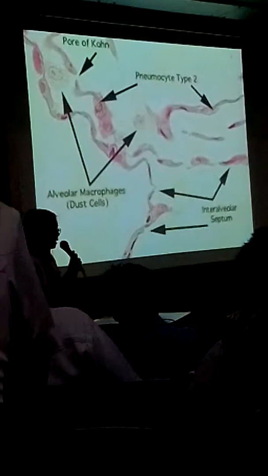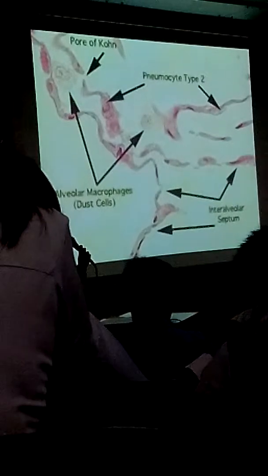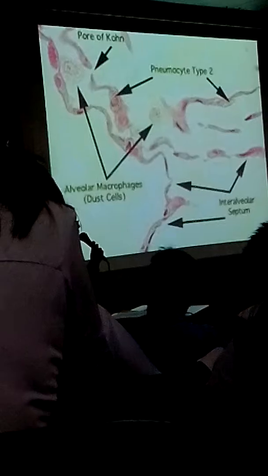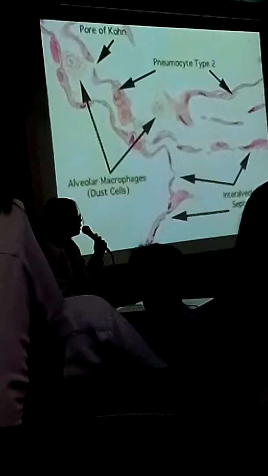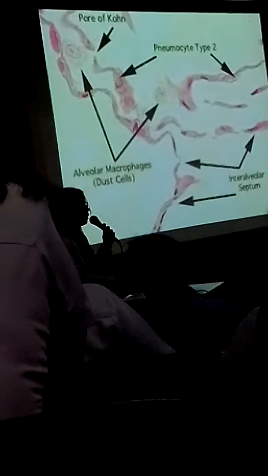In obstructive lung disease, or in an area of the lung where there is atelectasis or collapse of the alveoli, the distal portion can still be aerated because of the pores of Kohn. They act as collateral ventilation to the distal part, which has been obstructed from the proximal part.